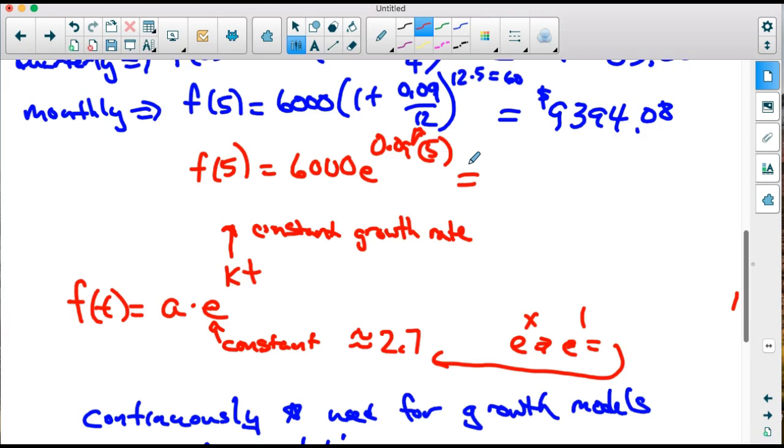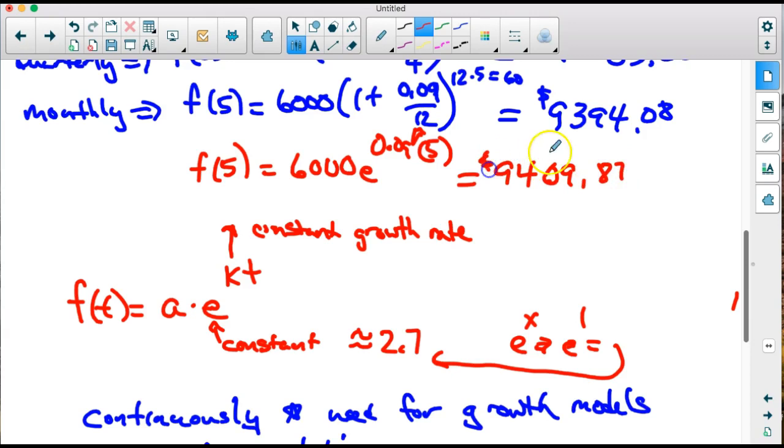Okay, so we're going to type that in. I get 9,409.87.